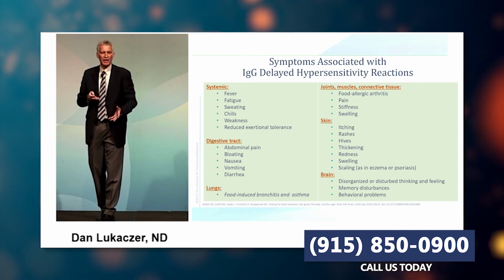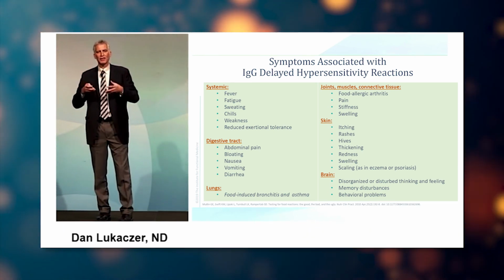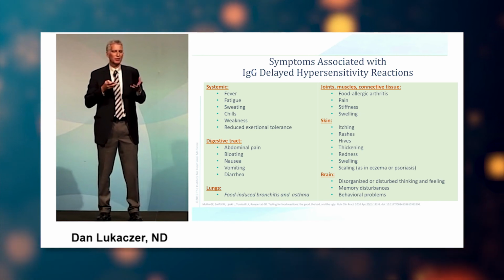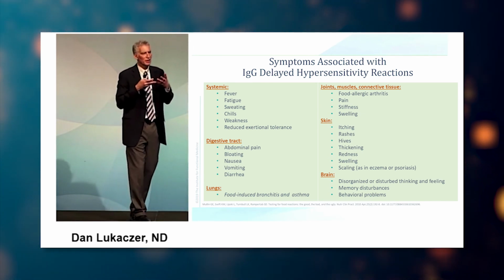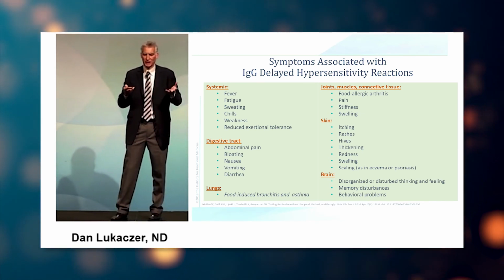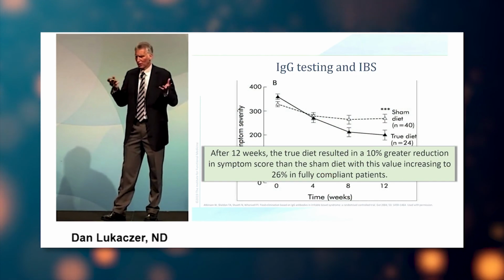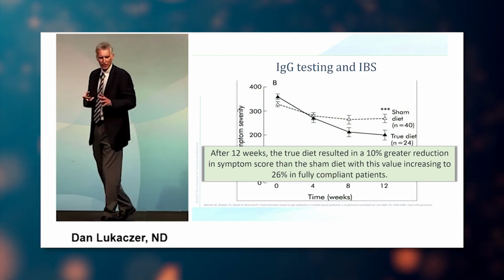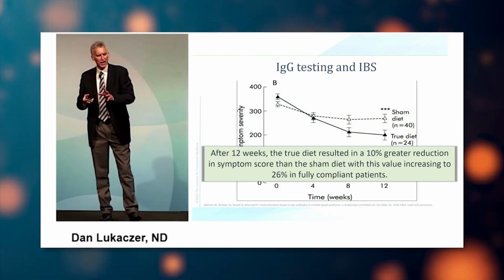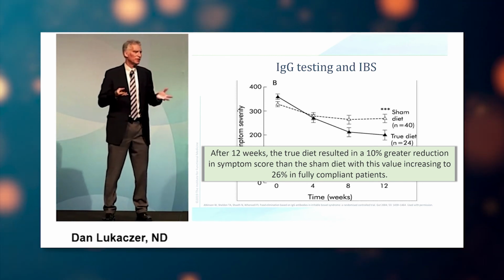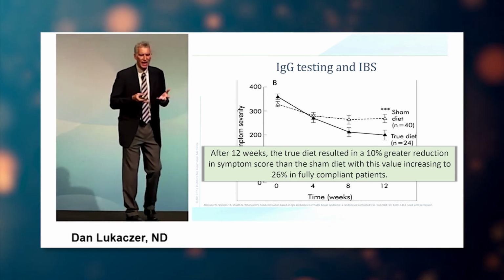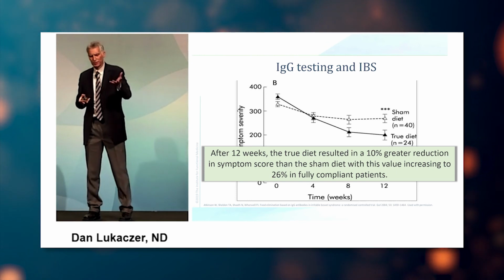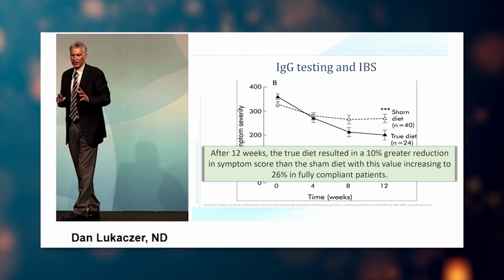There are a lot of reactions, and I think of IgG food hypersensitivity as the great masquerader. It can masquerade as a lot of different things because you can have reactions all over physiologically. In the past 15 years, there have been a number of studies that have validated IgG testing. This is probably the first one that I've seen.